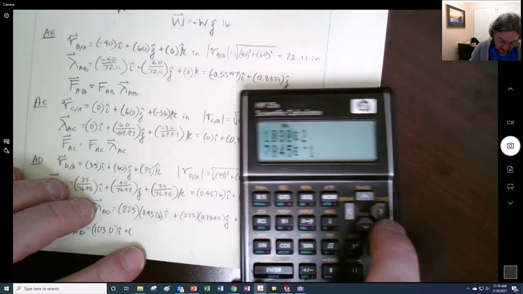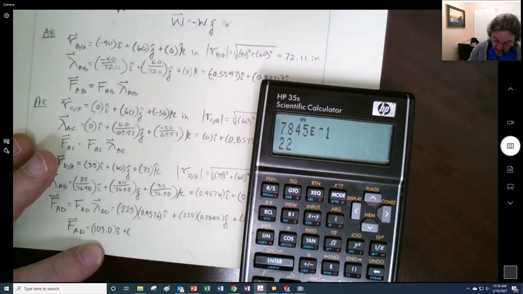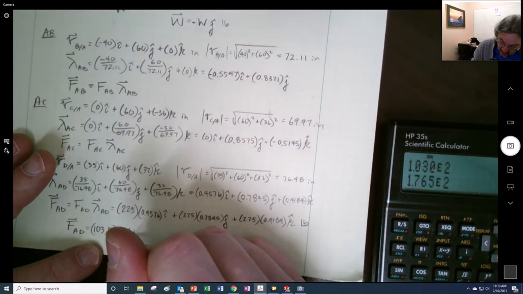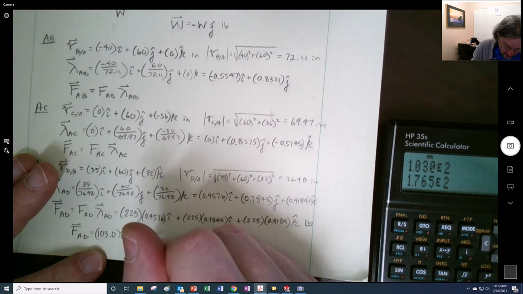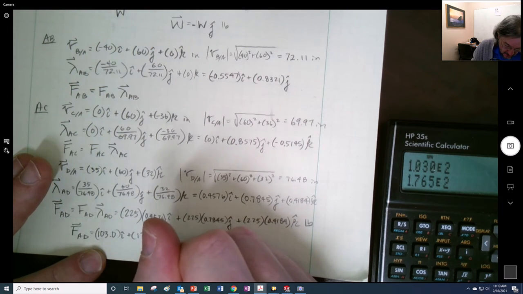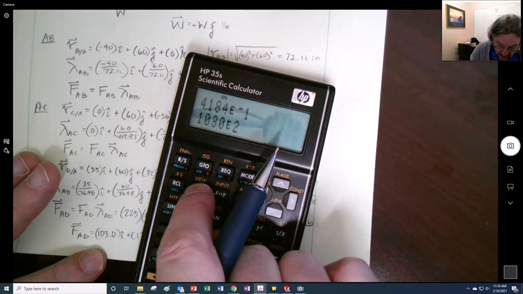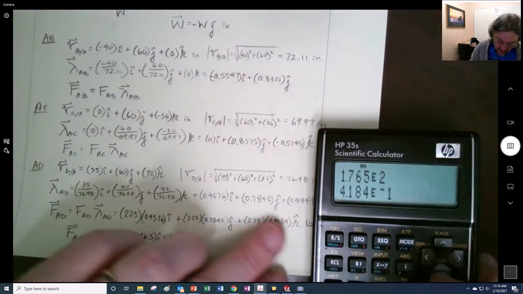Okay, so I have the 0.7845, it's still in there, and multiply by the 225. 176.5 J, and then I still have in here somewhere, like right there, 0.4184.